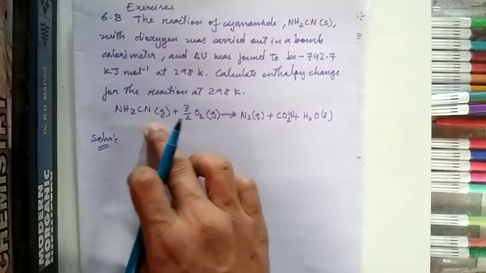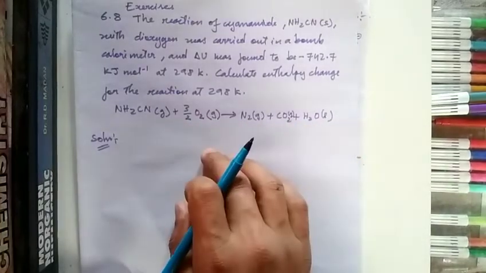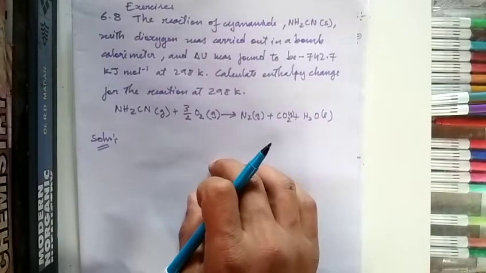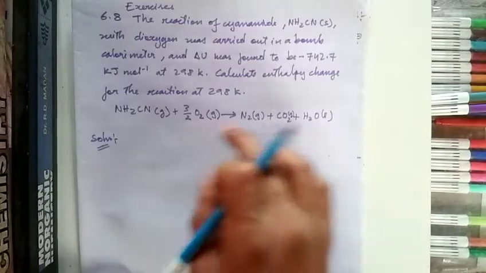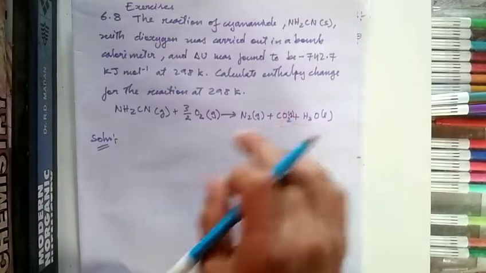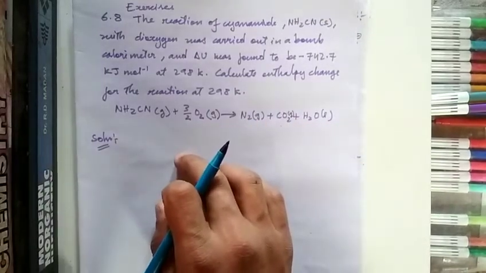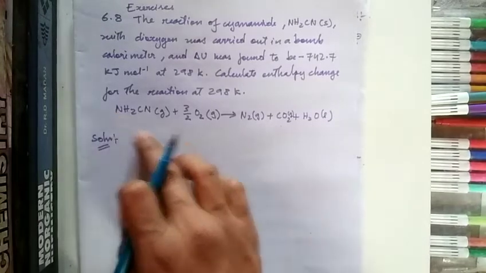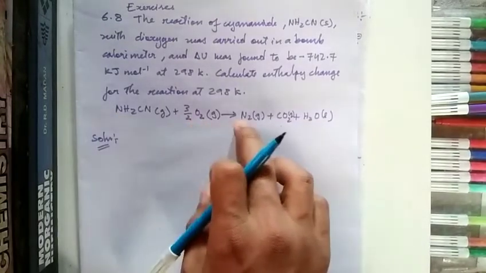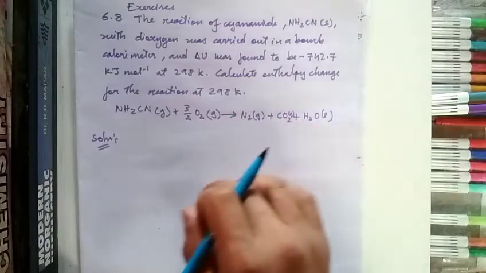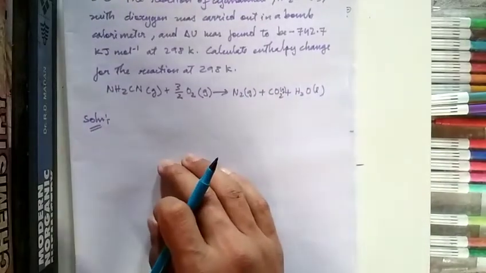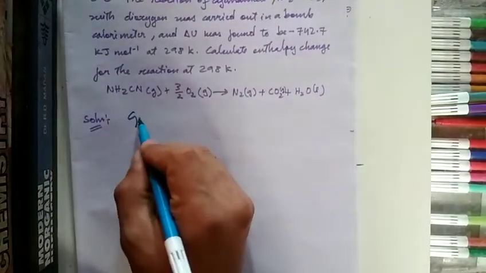So when we look at this reaction, there is a change in the number of moles between the reactants and product. So this one is 1 mole, 3/2 mole, 1 mole, 1 mole. Now what is given here?